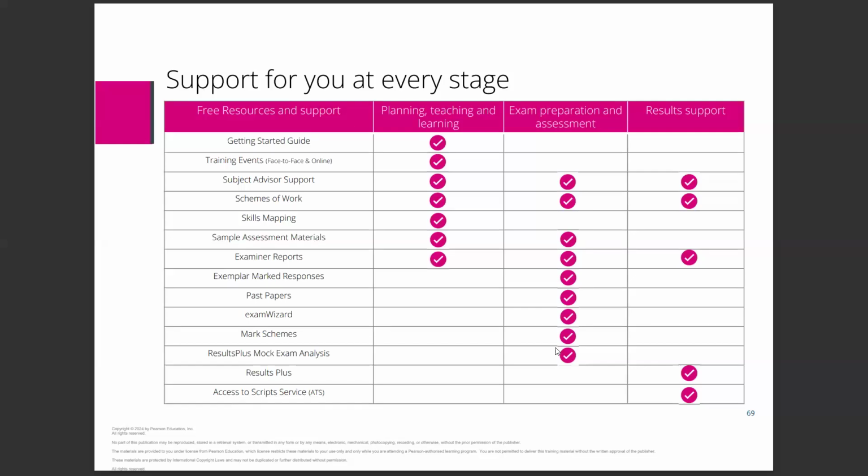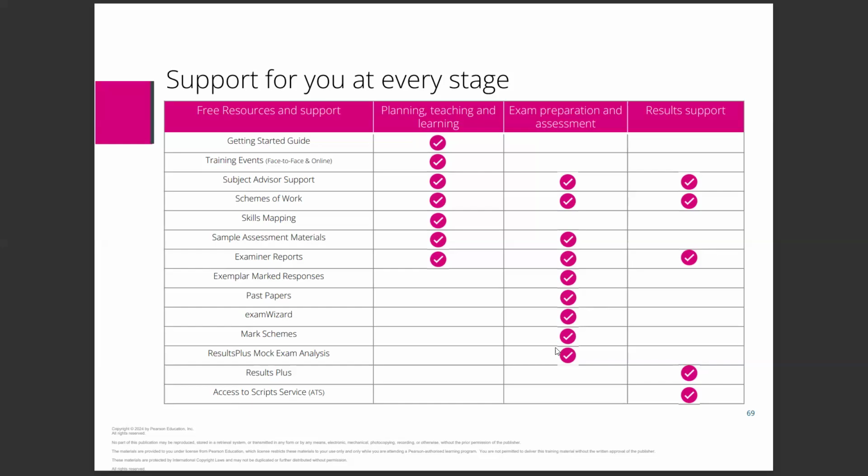And just in terms of support, reminding everyone that there's a full range of support materials at various stages for various reasons. We have Getting Started and the training events, and the subject advisor, Claire Haviland, whose details are on the end of the slide, and you'll have copies of the slideshow in your delegate packs. Schemes of work are also available online, and some sample assessment materials.